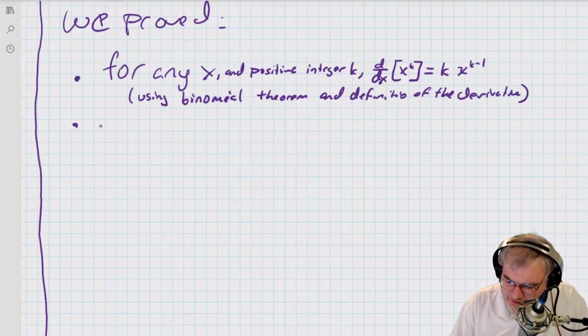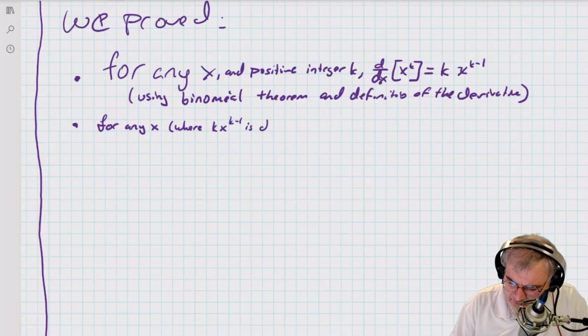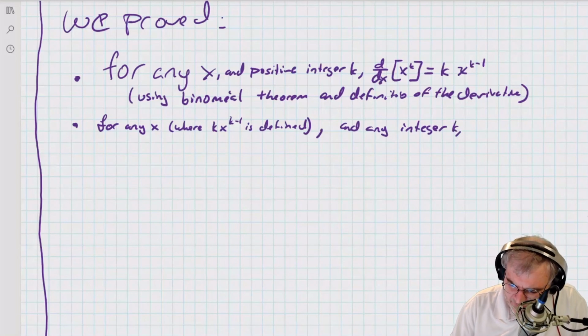The second one we did was for any x where kx to the k minus 1 is defined, and any integer k, not just positive integer, any integer k, d over dx x to the k equals kx to the k minus 1.